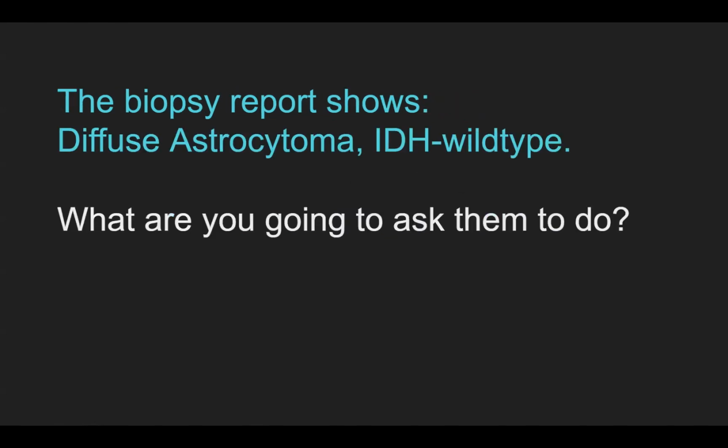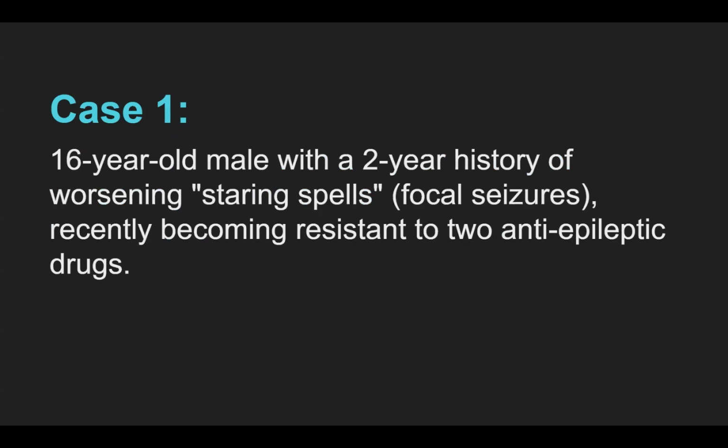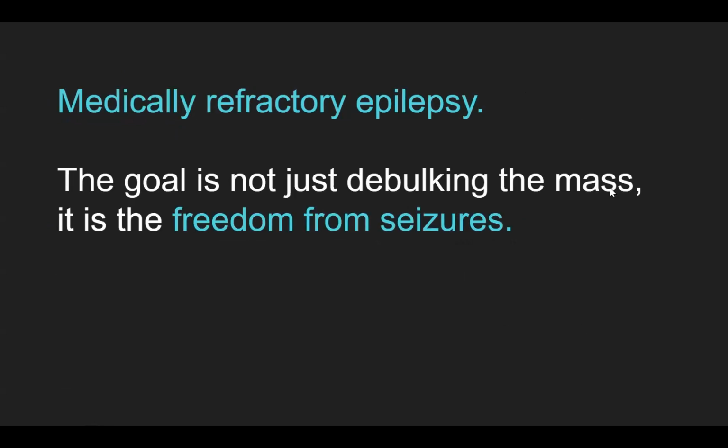If the biopsy report shows a diffuse astrocytoma, IDH wild type, what are you going to ask them to do? Let me rephrase myself. This is a 16 year old patient with the imaging that we just discussed. This patient has a medically refractory epilepsy and underwent surgery because we wanted to debulk the tumor.